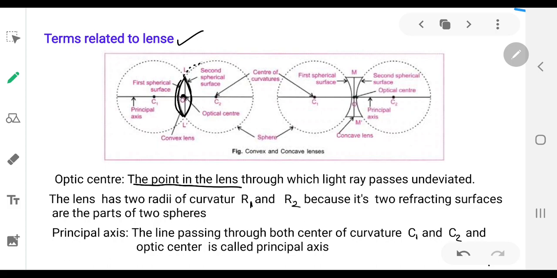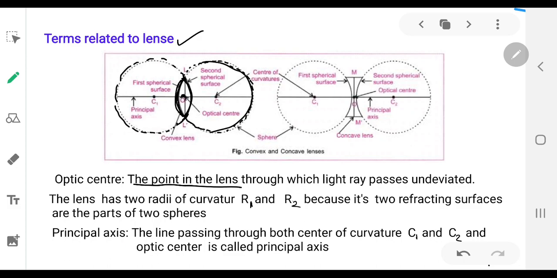Using this, you can complete a sphere by taking the curveness of the first surface of the lens. Again, taking the curveness of the second surface, you can complete a sphere.